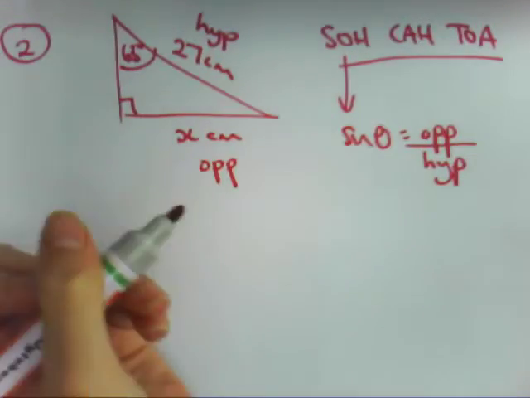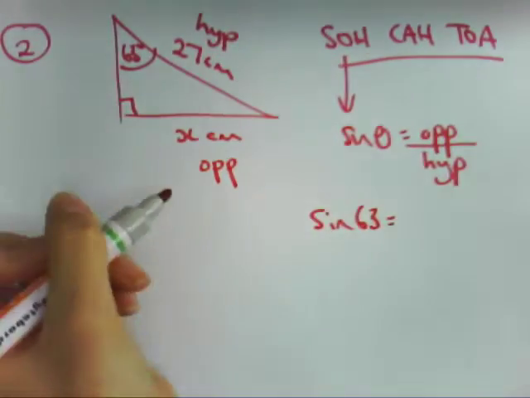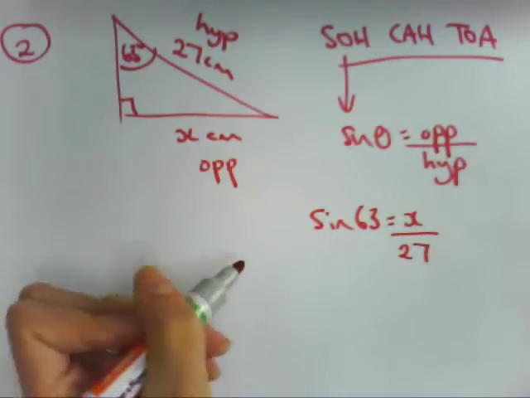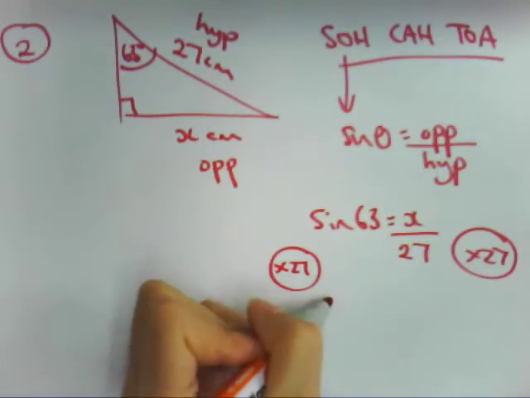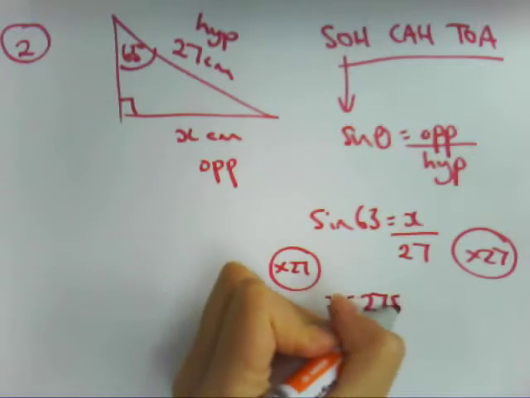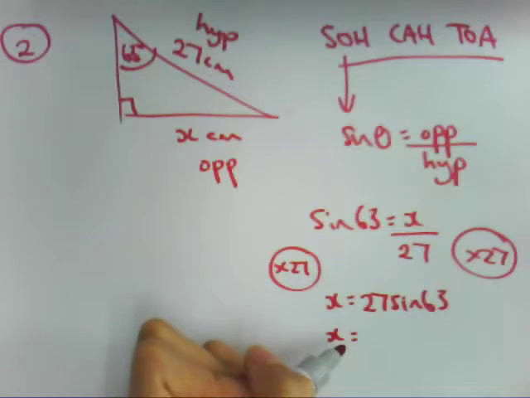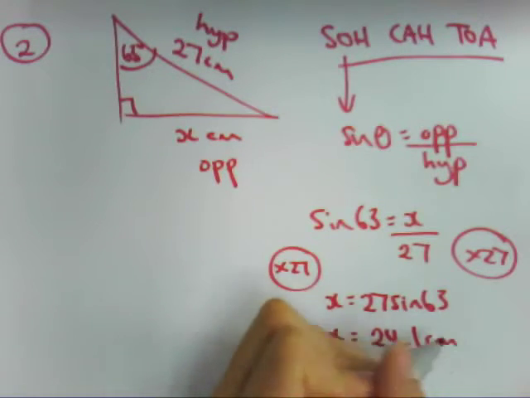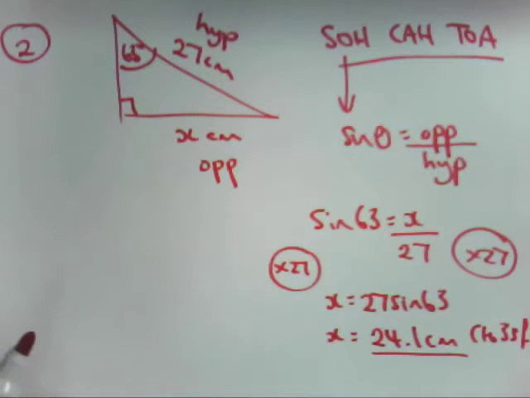Sine 63 equals x over 27, and then it's that old trick again, times 27 on both sides. So x is 27 times sine 63. Into our calculator, we get 24.1 centimetres to 3 significant figures, which is the standard way that we round at IGCSE.